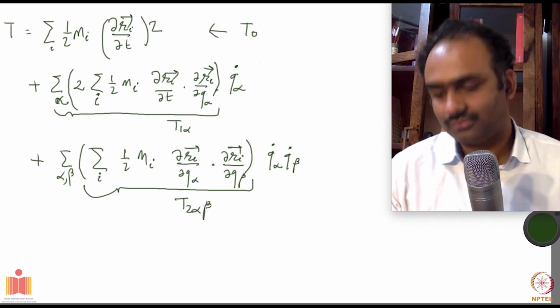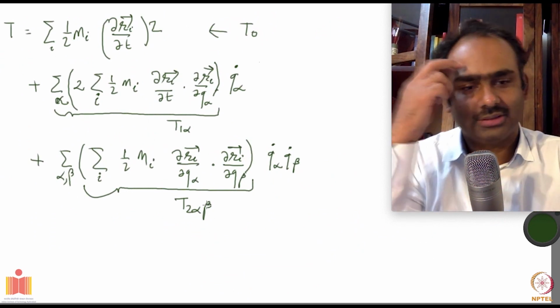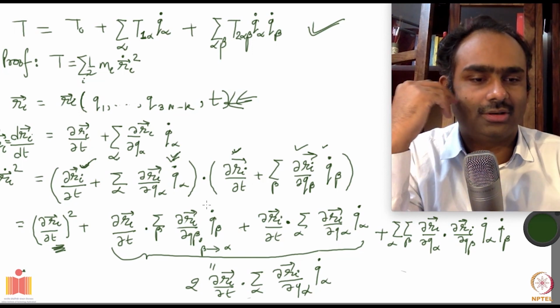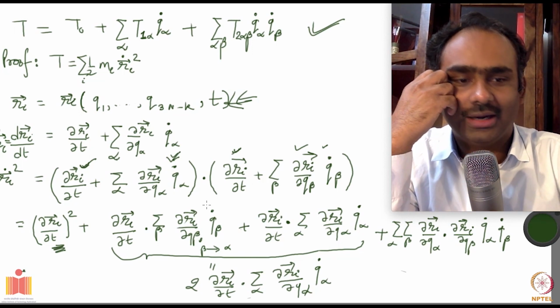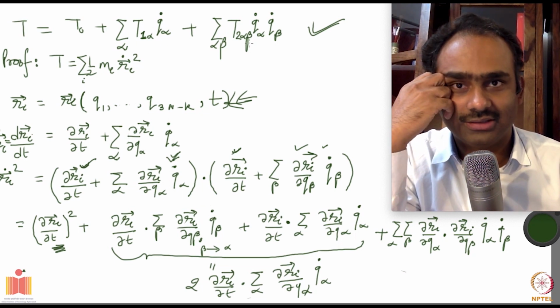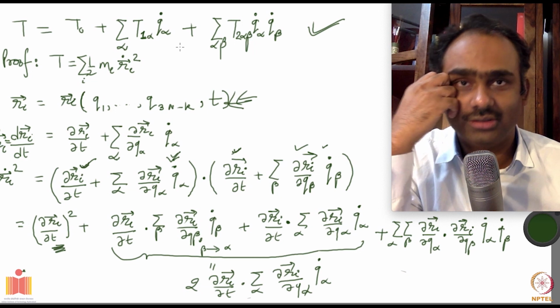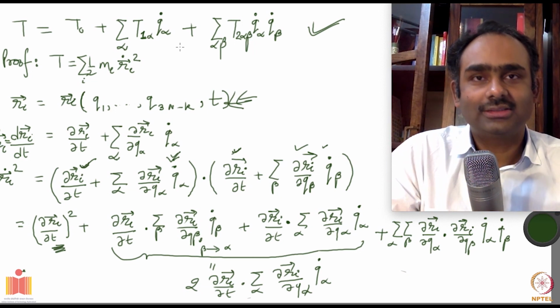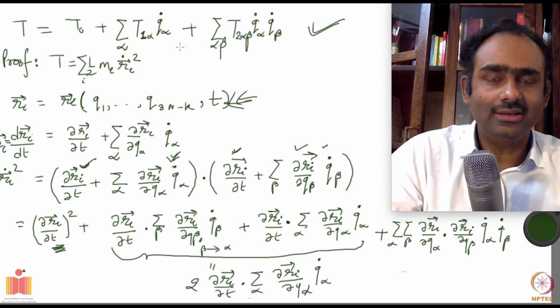Let's see, what did we call T2 alpha beta? Yes. Okay, so I have proved what I was claiming, that you have all kinds of terms here, and note that these coefficients T1 alpha, T2 alpha beta and T naught depend on generalized coordinates and time in general.